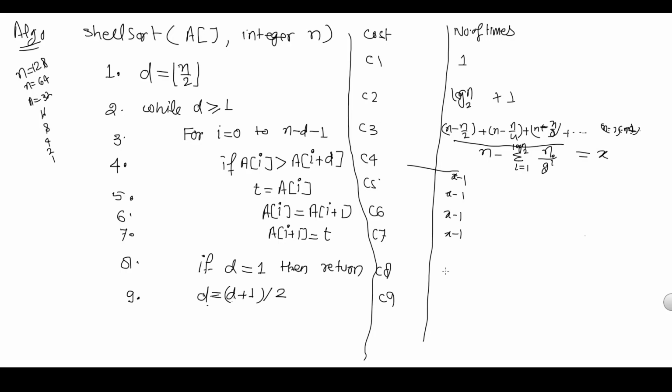And how many times will this execute? The number of times this statement is executing will be 1 less than this. So this will execute log n base 2 times, and this will also execute log n base 2 times.